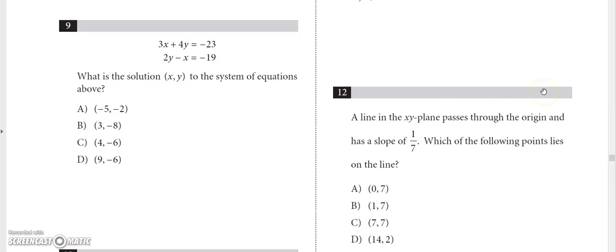So what is the solution of x, y to the system of equations above? So there are a lot of ways we can do this. The easiest method I would say is we can cancel out the y's because they have a common multiple of 4. So let's do that really quick.